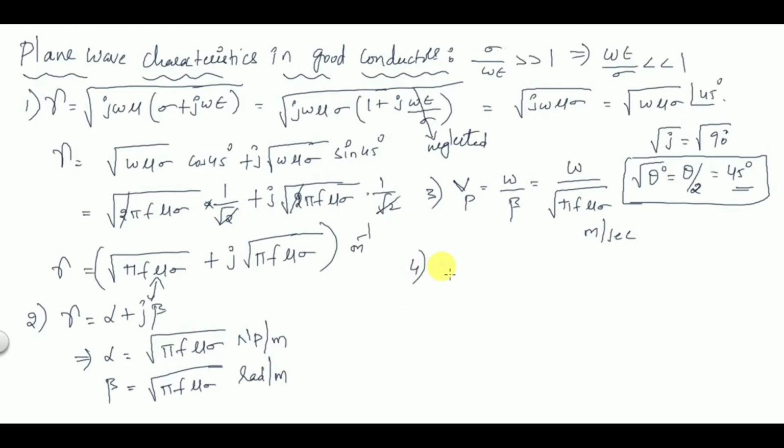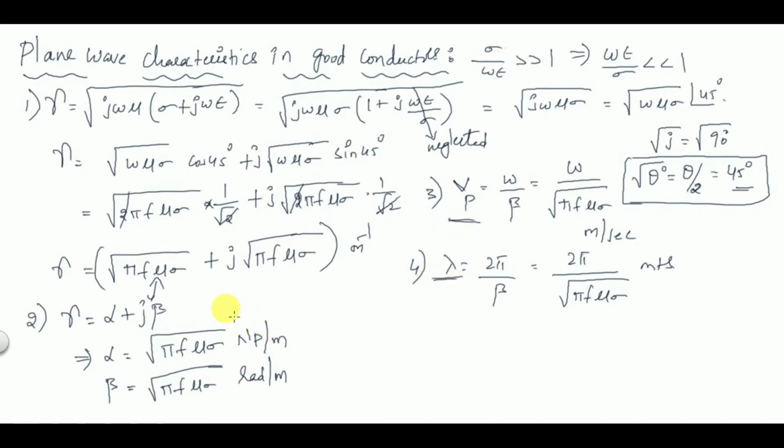Similarly, lambda is 2 pi by beta, so it is 2 pi by root of pi f mu sigma meters. So all these are the characteristics. We have found gamma, alpha, beta, phase velocity Vp, and lambda.